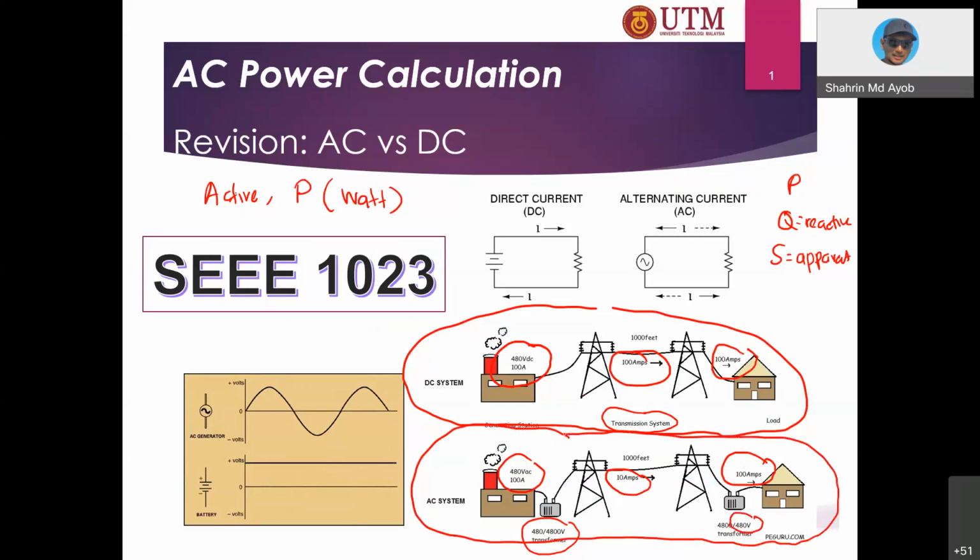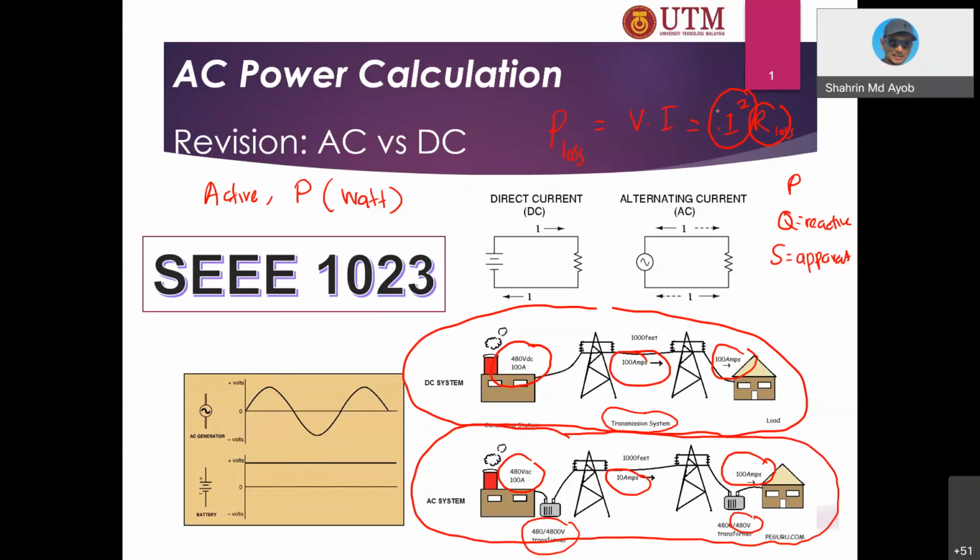In the AC system, during the transmission, the losses are very, very low, because the current is very small. We know the power loss is V multiplied by I, but we can also write this equation in terms of I squared R, which is the resistive loss of the cables.